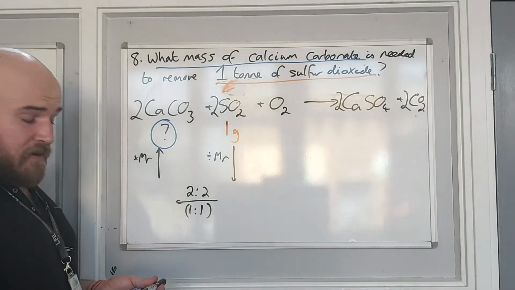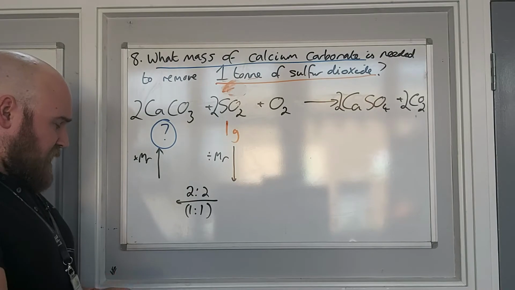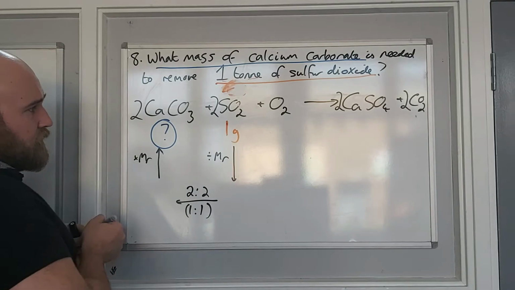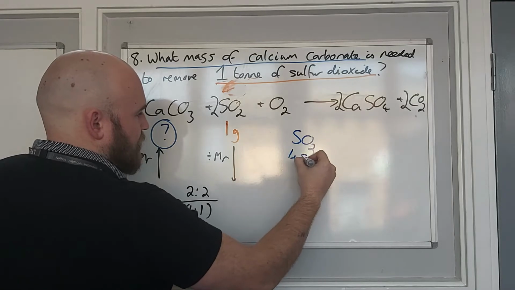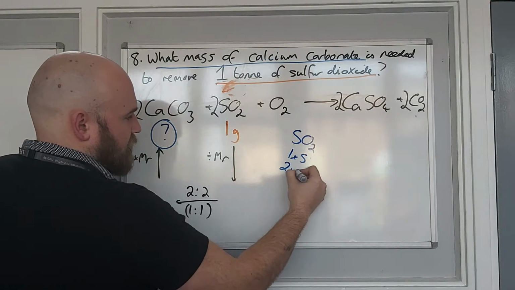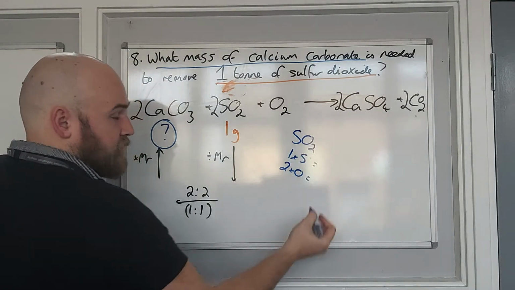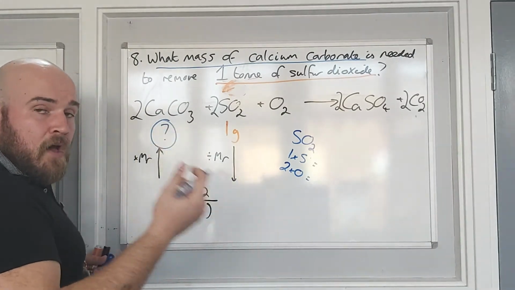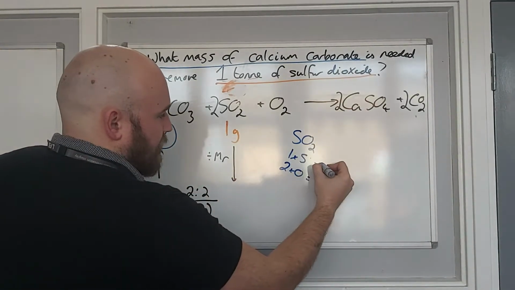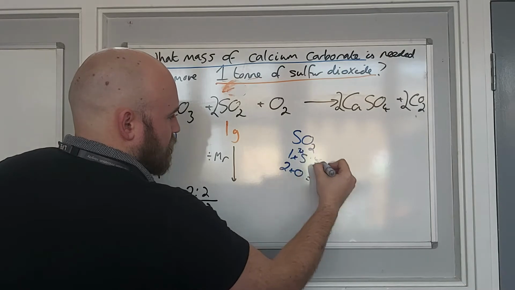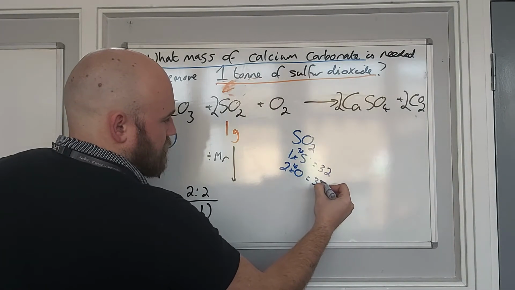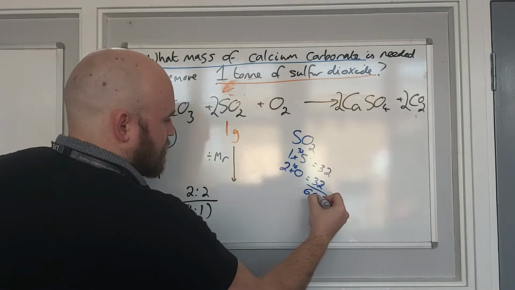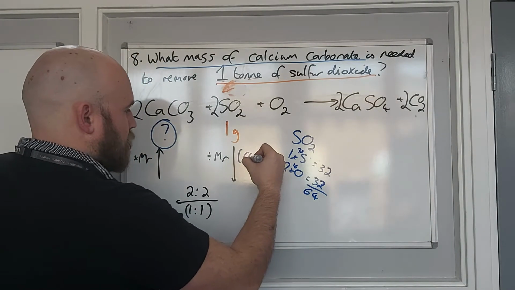And before I start, I'm going to make sure I can calculate the MRs correctly. So sulphur dioxide, SO2, is 1 times S and 2 times O. And using your relative masses at the top of your worksheet, I know that that is 1 times 32, which is 32, 2 times 16, which is 32, add them together is 64. So I know the MR there is 64.